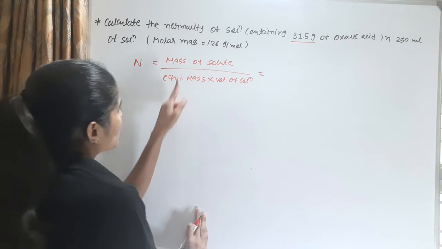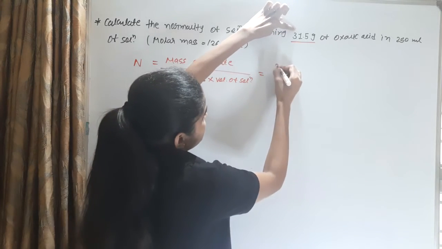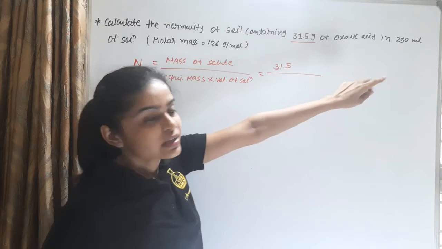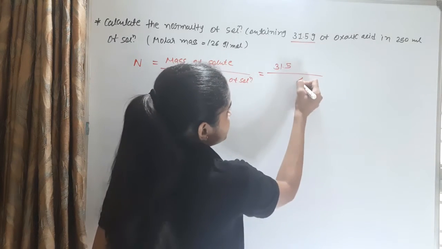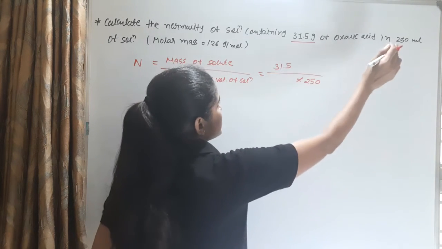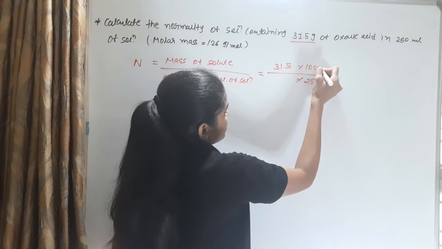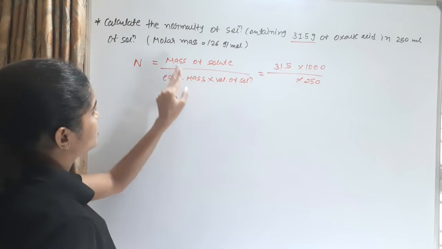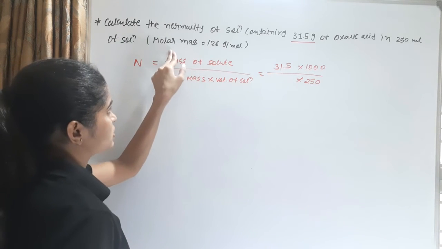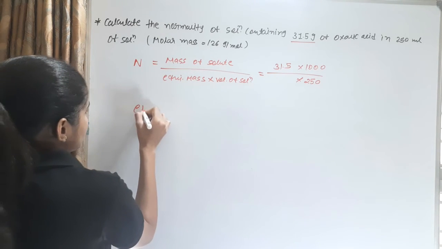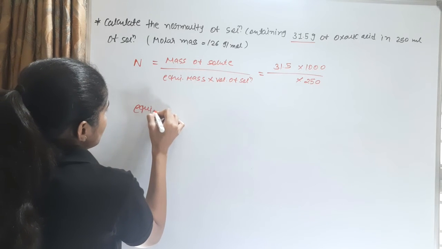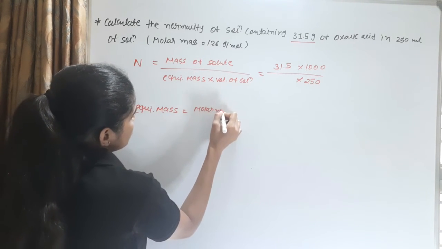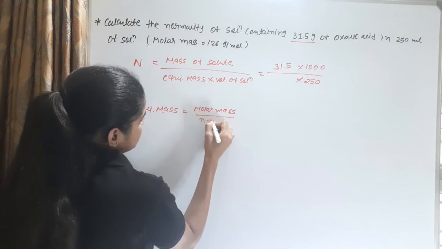In the given data, the mass of solute is 31.5, and the volume of solution given is 250 ml. So 250 in ml, so it's multiplied by 1000. Then we find the equivalent mass. How to find it? Equivalent mass is equal to molar mass upon n factor.